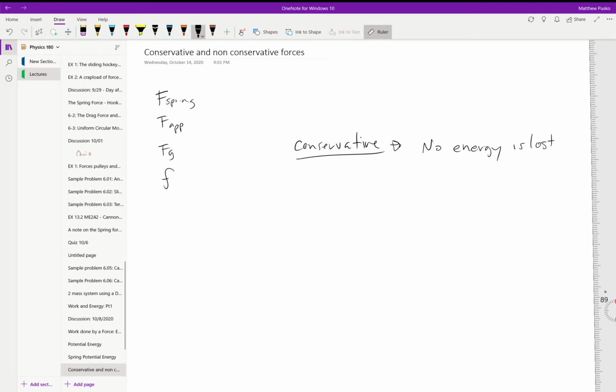In other words, energy is conserved. And for a non-conservative force, we would say the opposite, that energy is lost. And it's not lost. It has actually turned into something else. We'll call it internal energy.